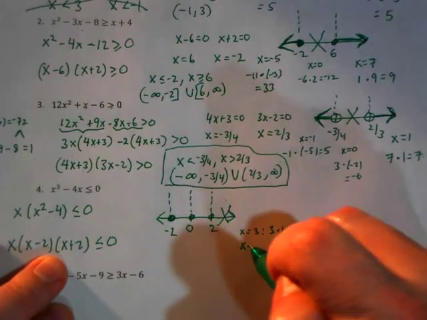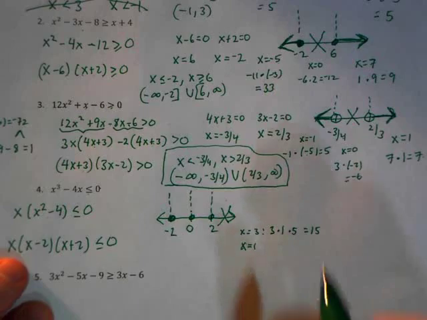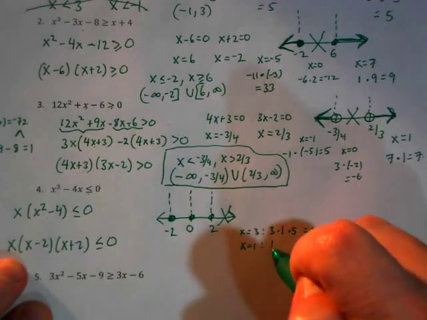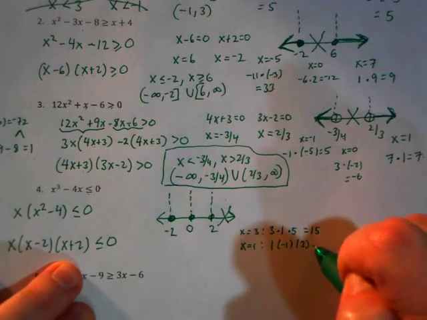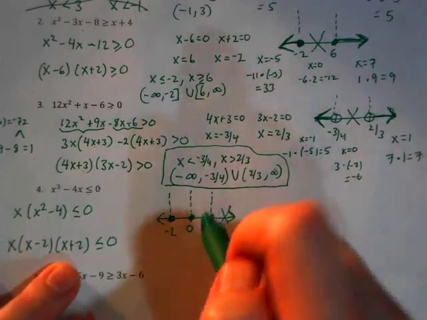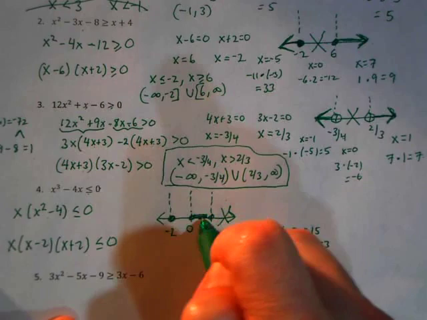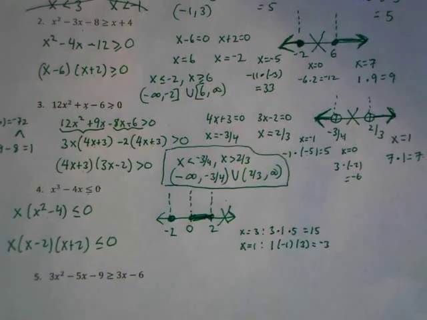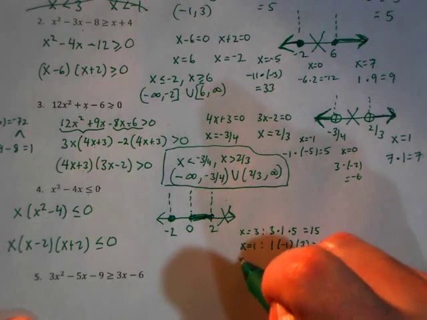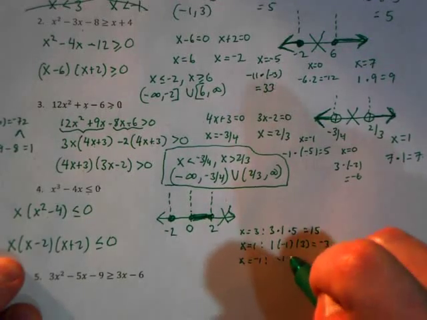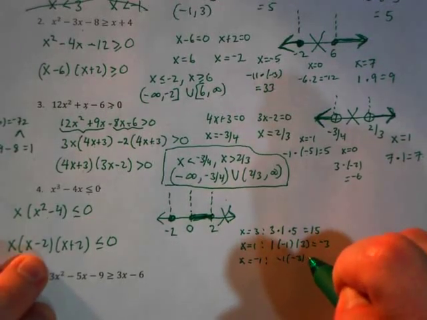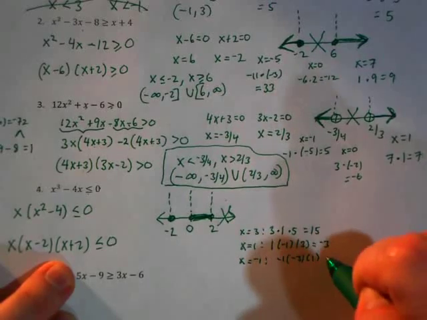X equals 1. When I plug in 1, I'm going to have 1 times negative 1 times 3. That's negative 3. Negative 3 is smaller than 0, so the region where 1 is works. Next, I guess I would try negative 1. That's going to give me negative 1 times negative 3 times 1.